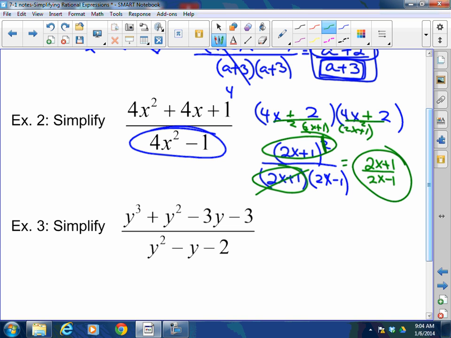I cannot cancel out a 2x with a 2x. I cannot cancel out individual pieces of polynomials. And that's why I always repeat myself, and I guess I did not repeat myself enough. You cannot cancel out individual terms from a polynomial.